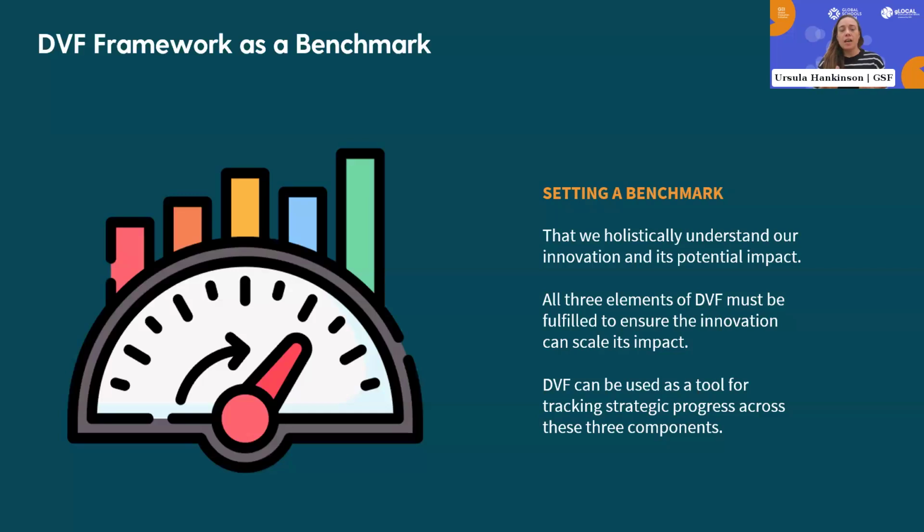So regularly reviewing and coming back to the framework allows us to track the progress that an organization or an innovation is making across these three areas, and allows us to change our activities or change our strategy as and where necessary.